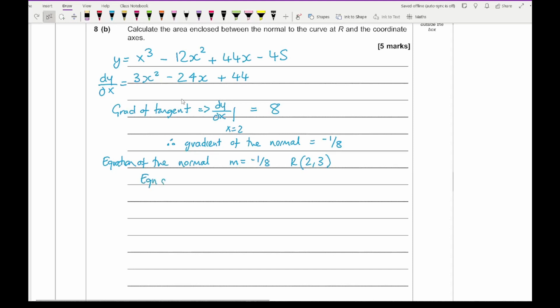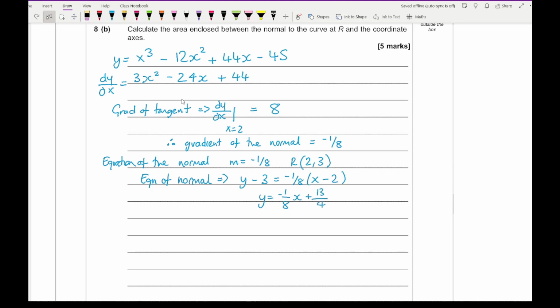It's going to be y minus 3 equals minus 1/8 (x minus 2). And if I simplify that further, I get y equals minus 1 over 8 x plus 13 over 4.